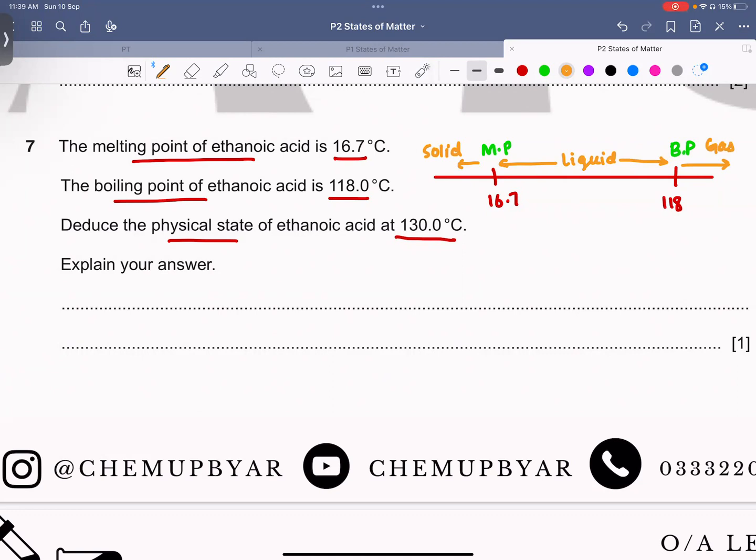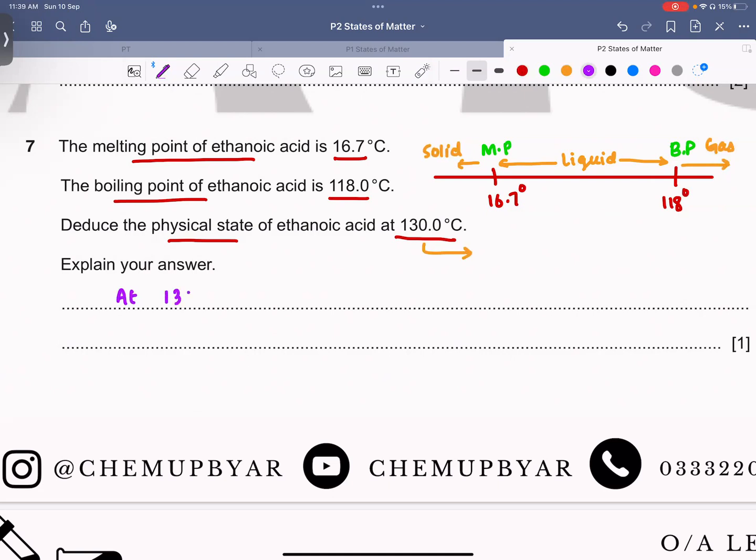Okay. Now, predict at 130 degrees Celsius, what will be its state? It is going to be a gas. And what will be the explanation?